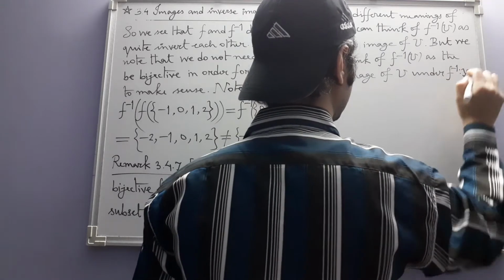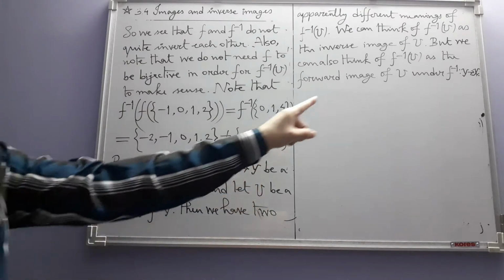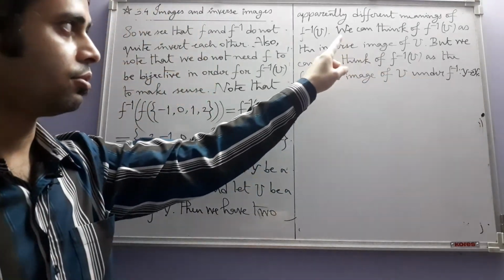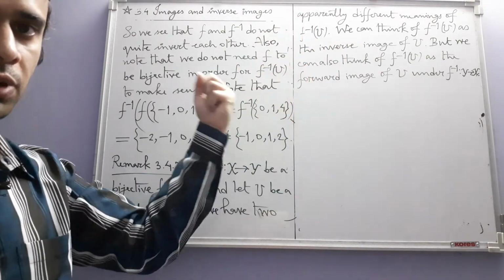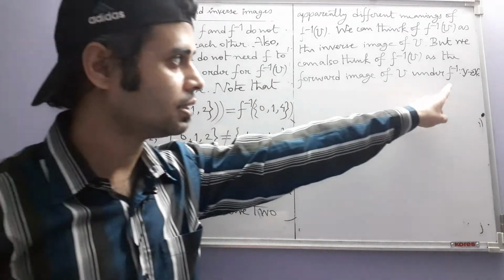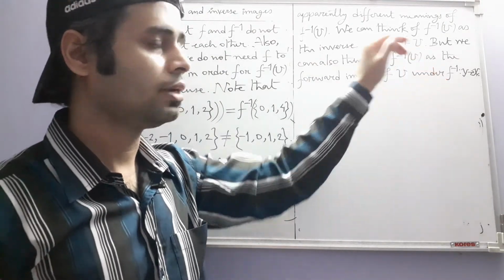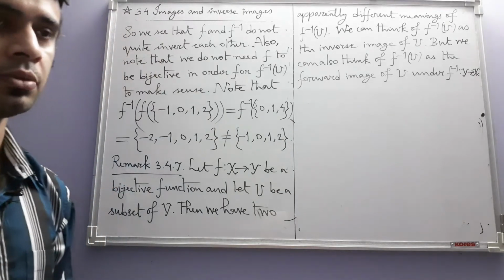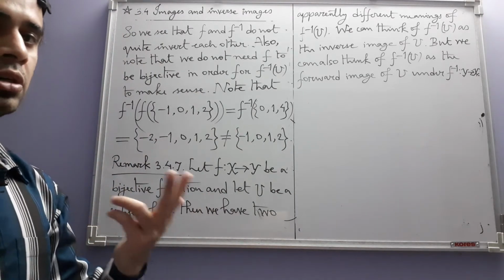So see this peculiarity. Since F is now bijective, its inverse function exists. So on one hand we have F inverse of U as our usual inverse image of U under F. But since F inverse itself is a mapping, we can also think of F inverse U as the forward image of U under the function F inverse.